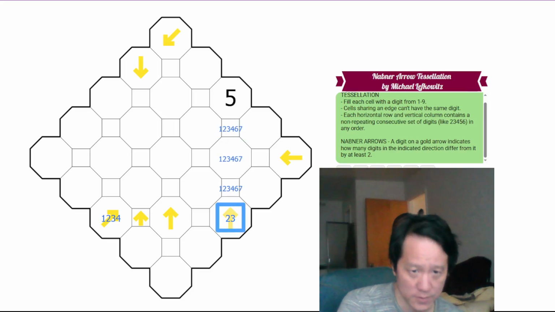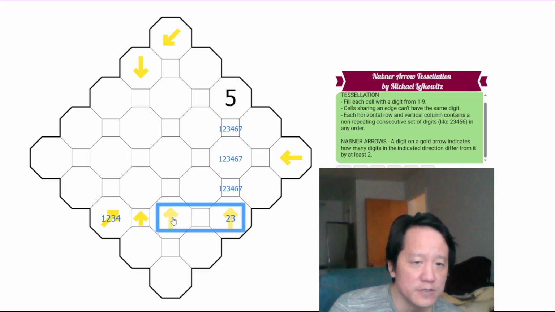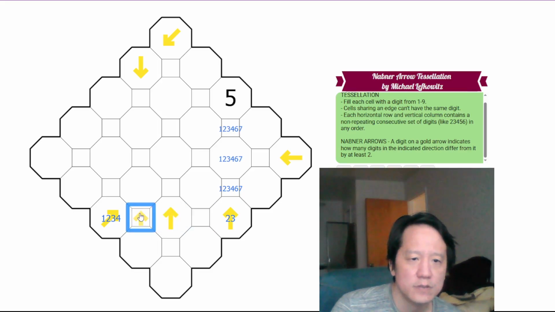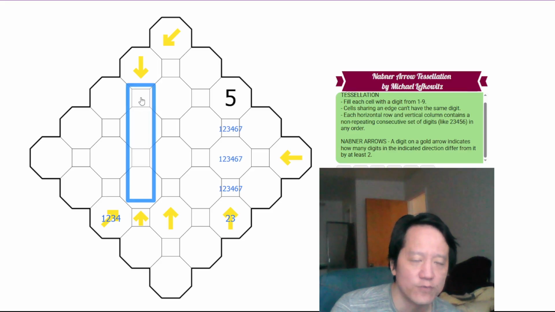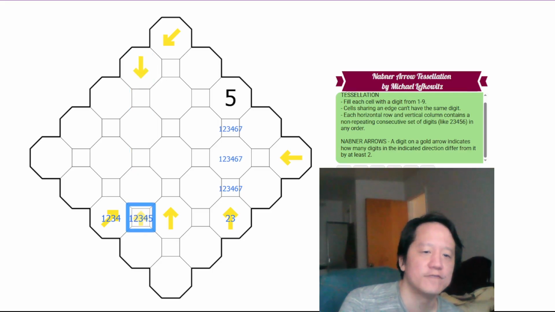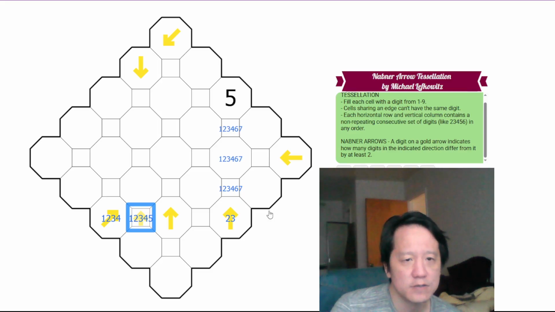So there's no 5 here. This is 1 through 7 possible here. But this digit is 1, 2, 3, 4, 5 possible digits here. So this could be 1 through 5, technically.